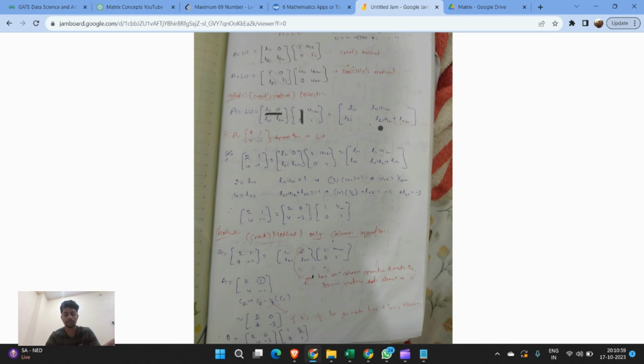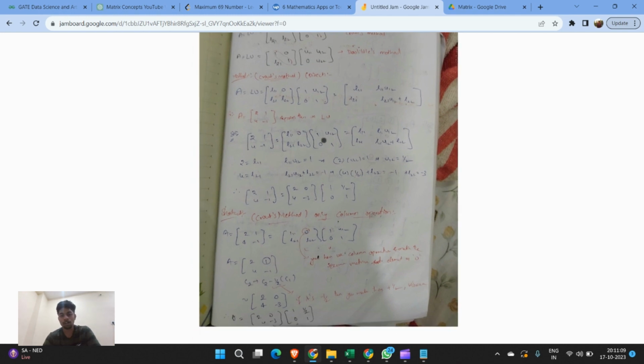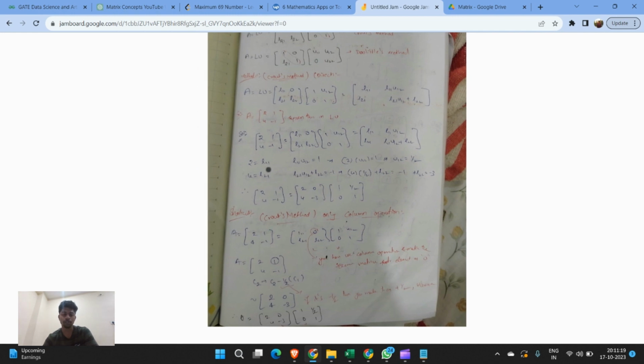You will get these values, L11, then L11 U12, then 0 into 1 so 0, and so on. The first technique is to equate the given matrix to these elements, and after that solve those equations. If you solve those equations, you will get the remaining corresponding element values.